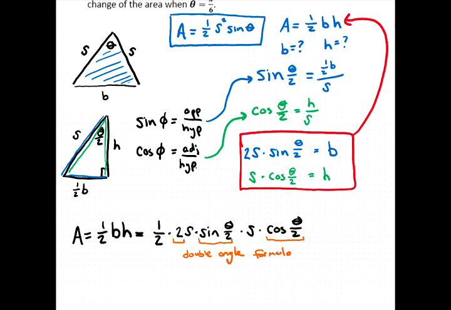Double angle formula, which is 2 times the sine of an angle times the cosine of that angle is equal to the sine of twice the angle. And in this case, our angle is theta over 2. So if you take twice the angle, you get theta, and that's exactly what we want in our formula.